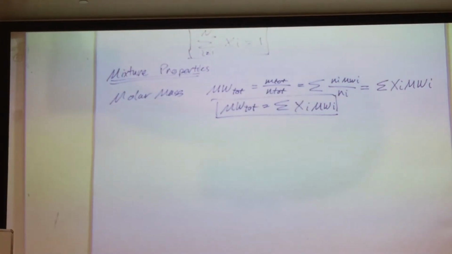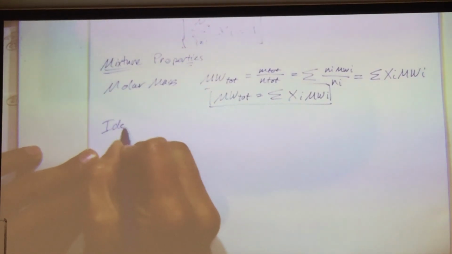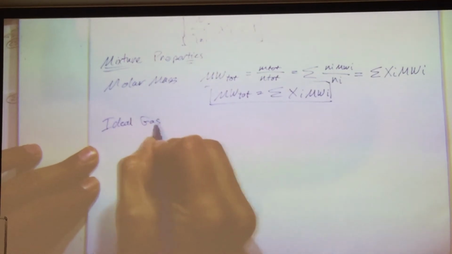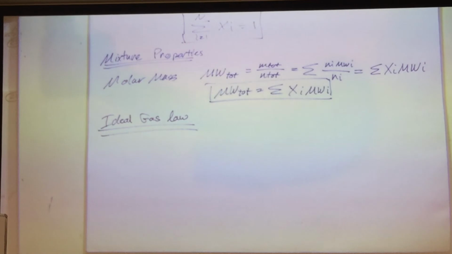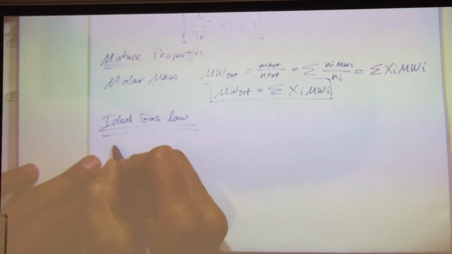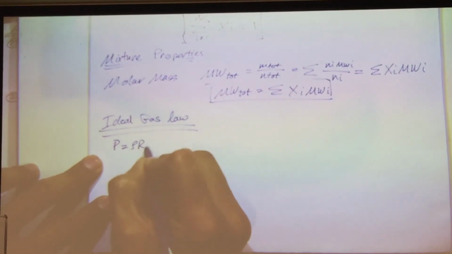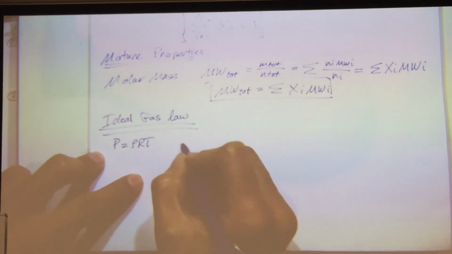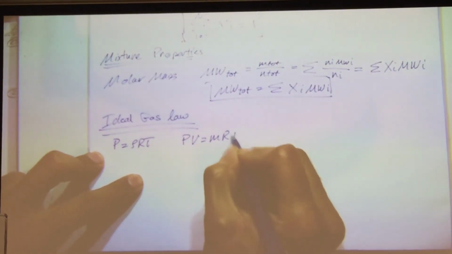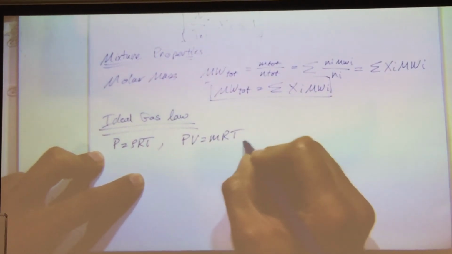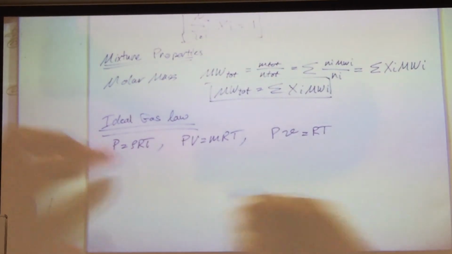Now, another aspect that I have to deal with is the ideal gas law. We know the ideal gas law, which you've written in multiple forms: P equals rho RT, or PV equals mRT, or P times specific volume is equal to RT.